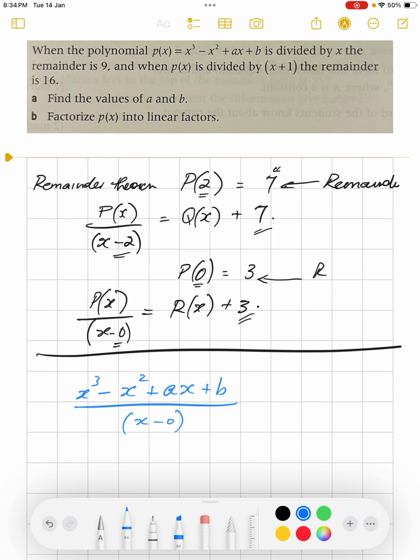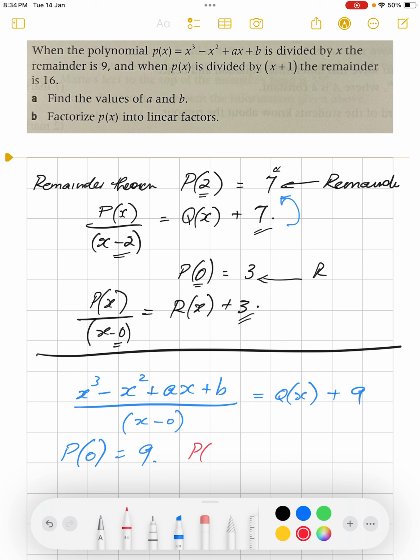It has a remainder of 9, which means there is some polynomial, and it has this extra 9 attached. So x is not a factor. Also, that means if we substitute 0 into our polynomial, this is the vice versa, we should get 9. That's what our remainder theorem is.